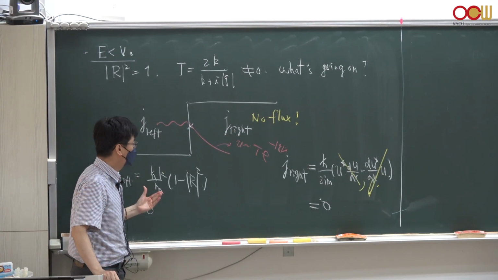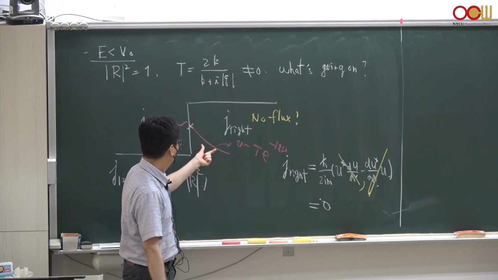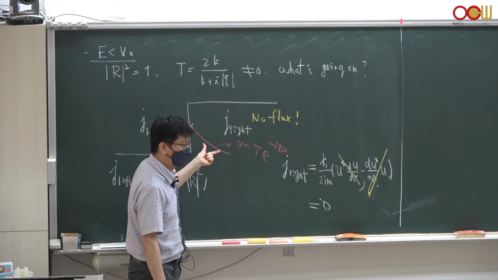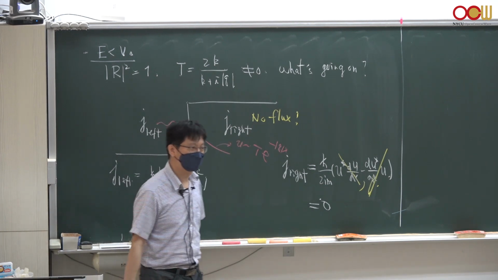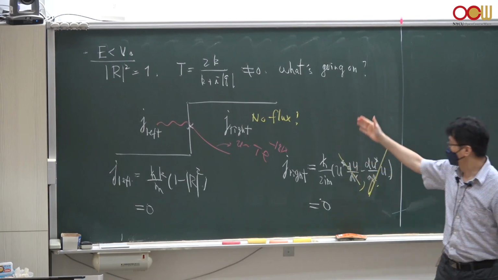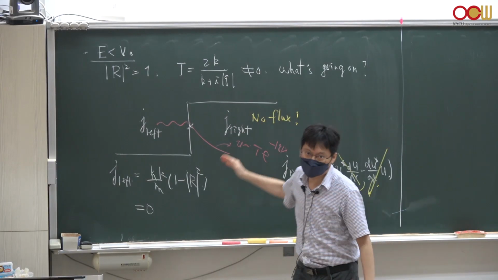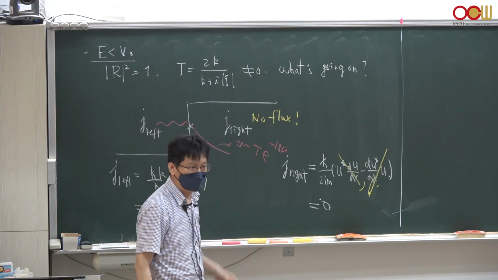The flux is conserved, but the only thing that confuses you is that there is indeed something inside the step, but there's no flux. This is the magic of quantum mechanics. There's something inside the barrier or step, but you cannot detect it. Why is that?